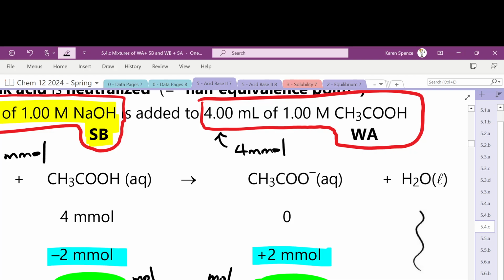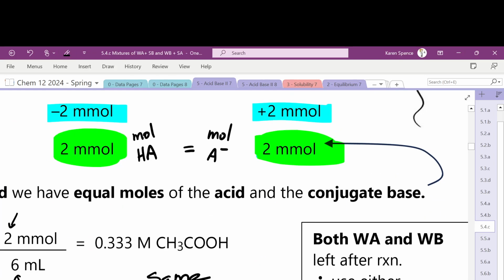And it's all in one container, so we can find the concentration. Yes, so the concentration of HA is the same as the concentration of A minus. So that's when we've exactly reacted half of it. Those two are the same.